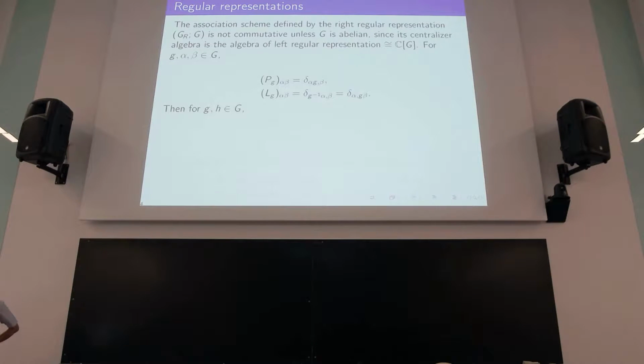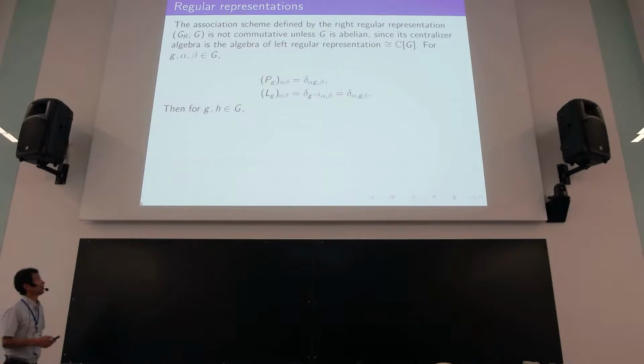So let us recall the definition of the right regular representation. I always denote by P_G the permutation matrix associated to the action. Usually I consider a fixed action, so the definition of P_G is understood by the context, because I only consider one action. In this case, it is the right regular action.